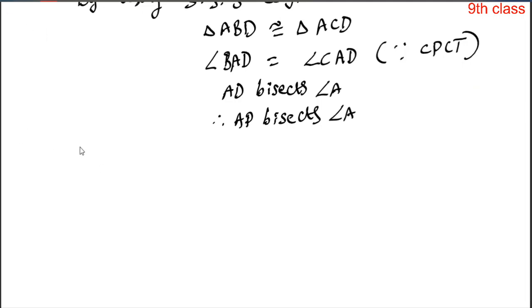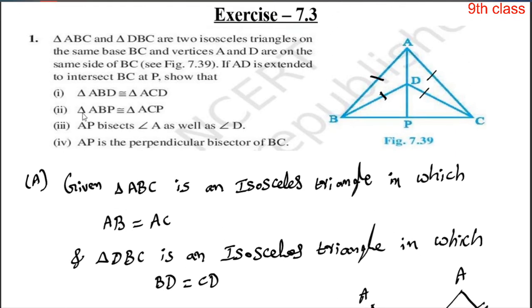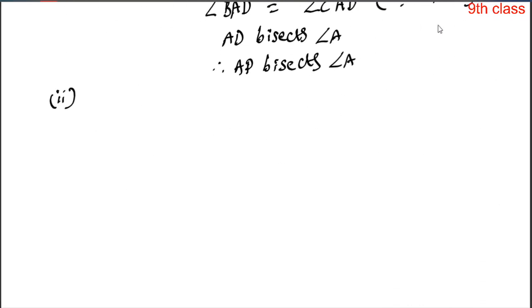Next, second condition. We prove triangle ABP is congruent to triangle ACP.